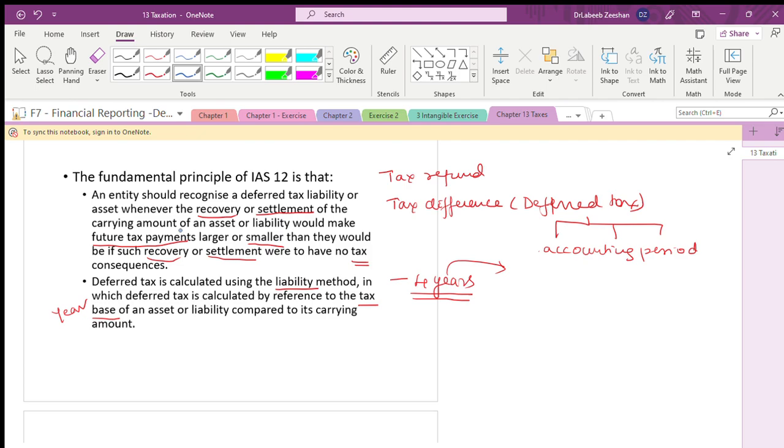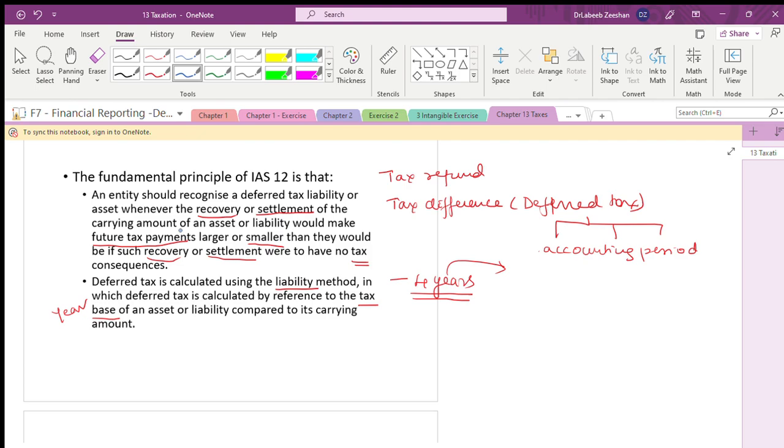An entity should recognize a deferred tax whenever the recovery or settlement of the amount of an asset or liability would have future tax payments, larger or smaller. When we say it is a deferred tax liability, what are its implications in the coming accounting periods?